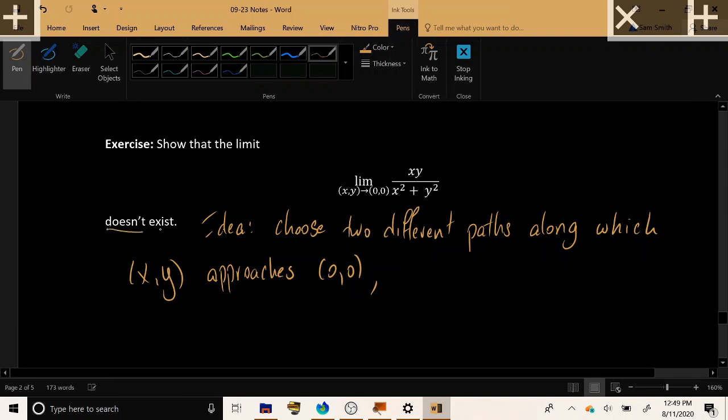Again, we're showing that the limit doesn't exist. So this is the easy one. All we have to do is find two different paths of approach which give us different outputs from the function.